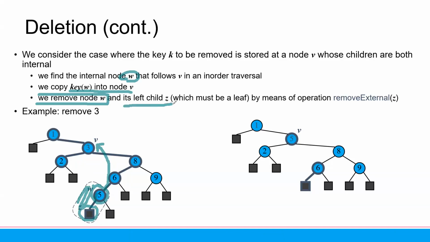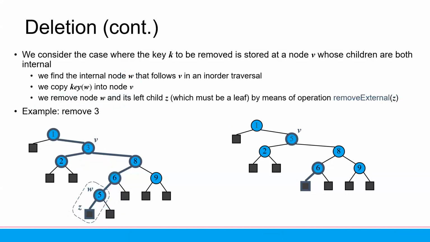So we remove the external, and after we remove the external, it will be updated. The leaf will move up in place from the in-order traversal. You can see here, this is the updated one.